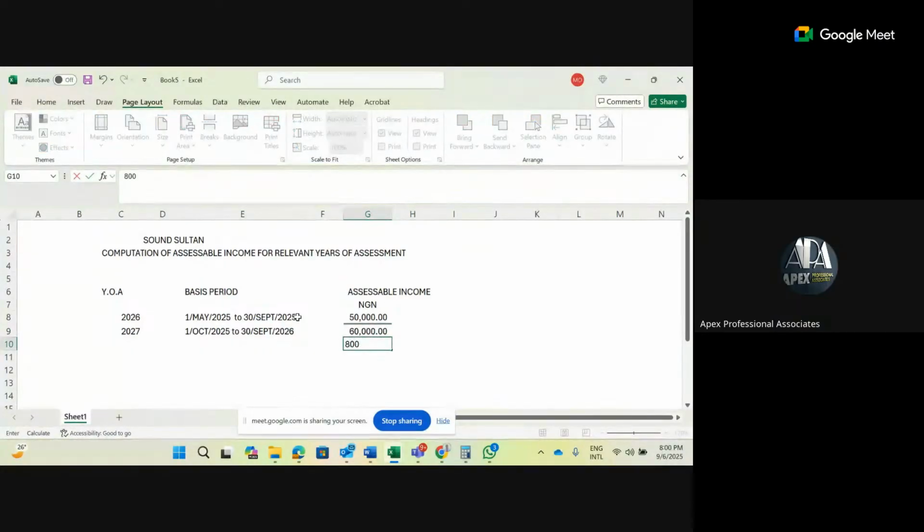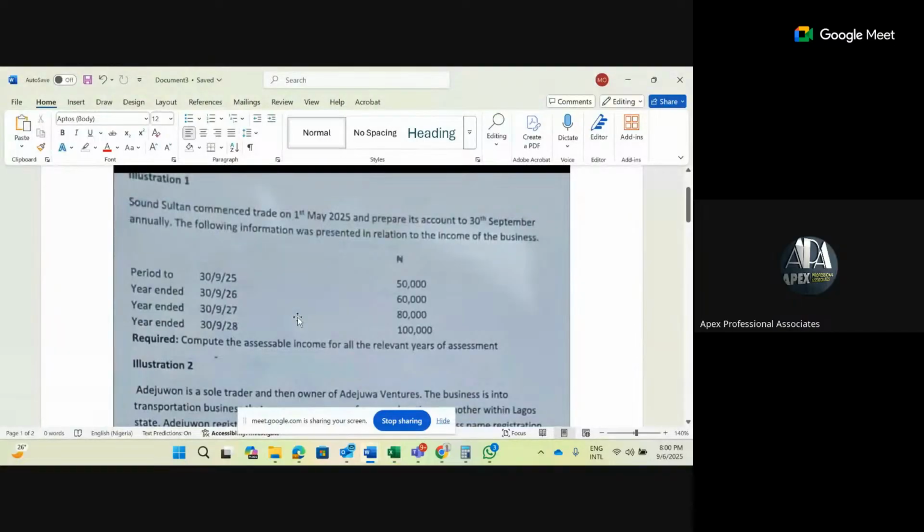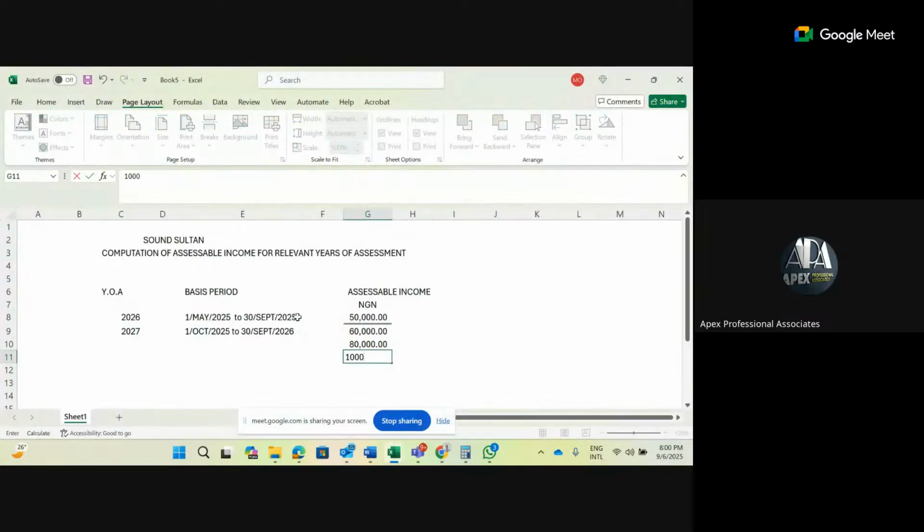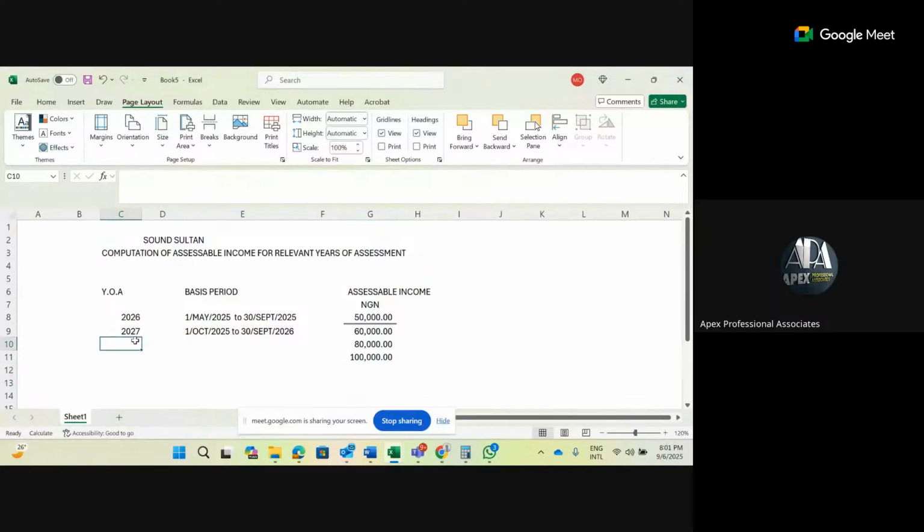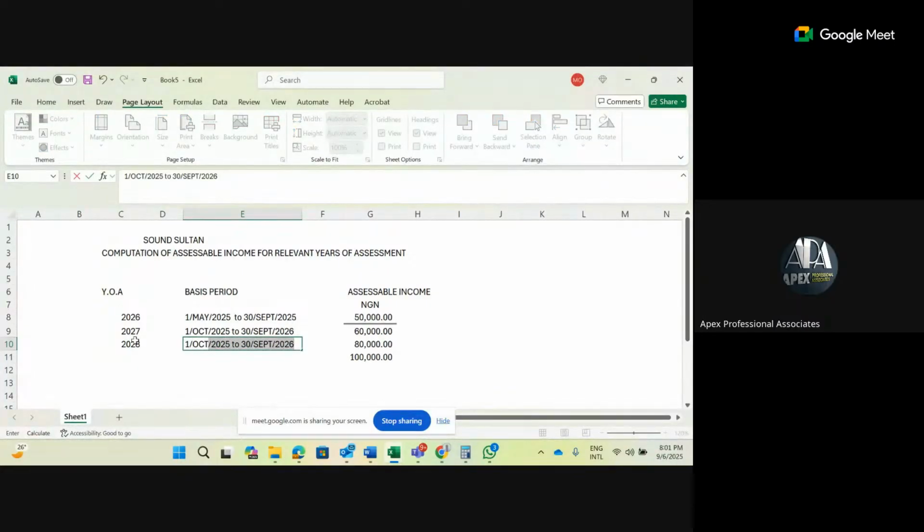The next one is 80,000 naira. And the last one is 100,000 naira. So this one is going to be 2028 year of assessment. The basis period is going to be 1st of October 2026 to 30th of September 2027.